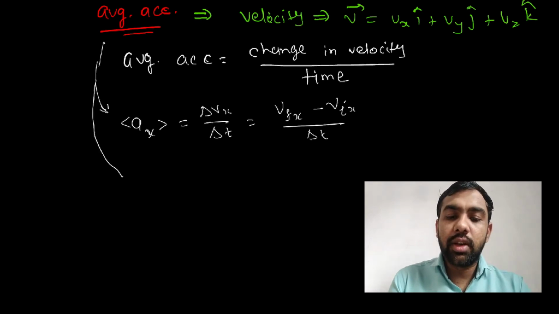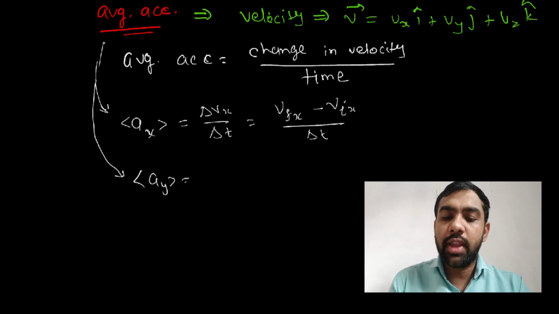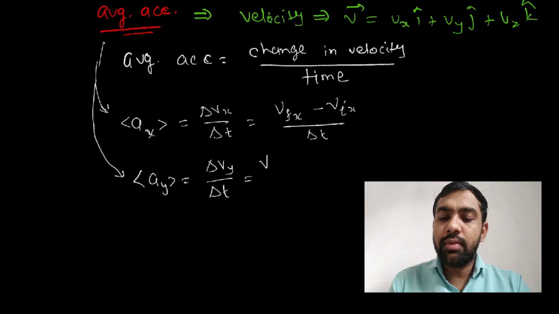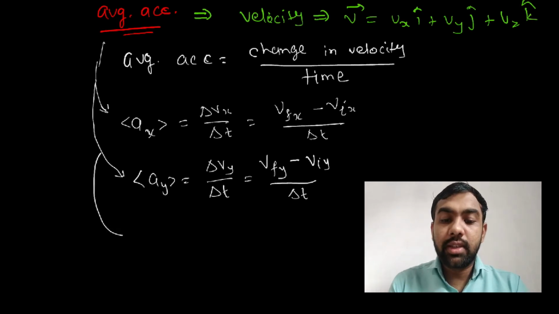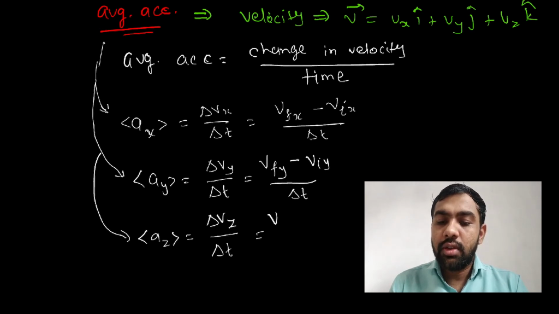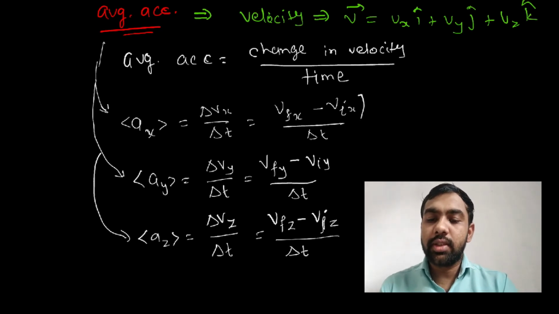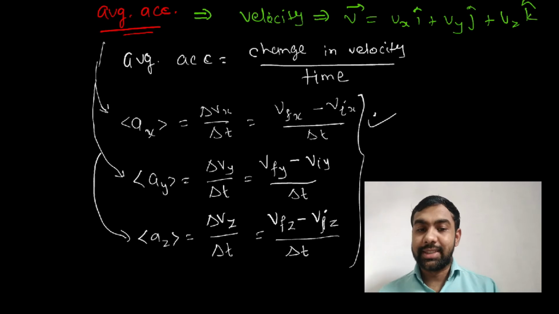How do you get the answer of average acceleration along y direction? So delta vy upon delta t, so v final y minus v initial y upon delta t. How do you get the average acceleration along z direction? So delta vz upon delta t. What is the answer? V final along z direction minus v initial along z direction upon delta t. So by this equation, you get the answer of average acceleration.